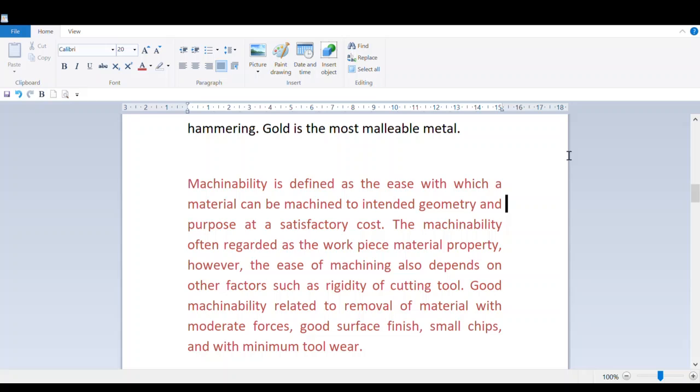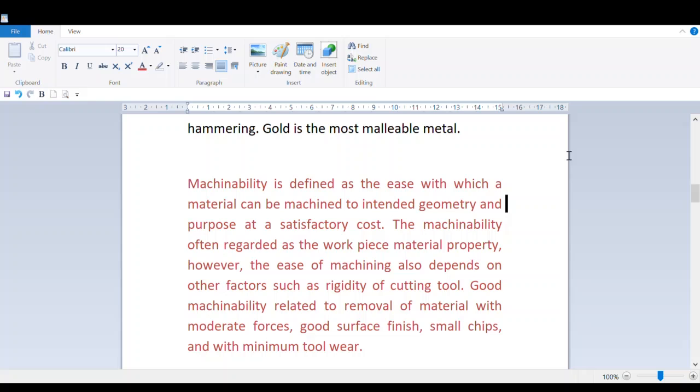Machinability depends on the surface, on many other factors like the cutting tool, rigidity of the cutting tool, surface wear, forces involved in the machining, etc. But if a material is easy to machine, easy to work into a shape without investing much cost, that is better, that is a good material.